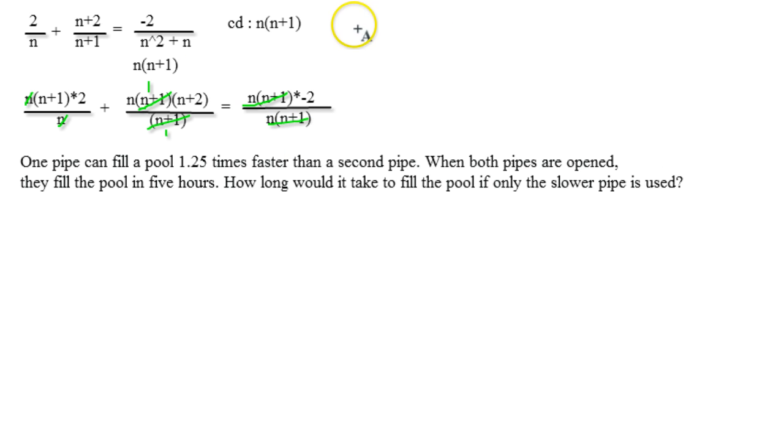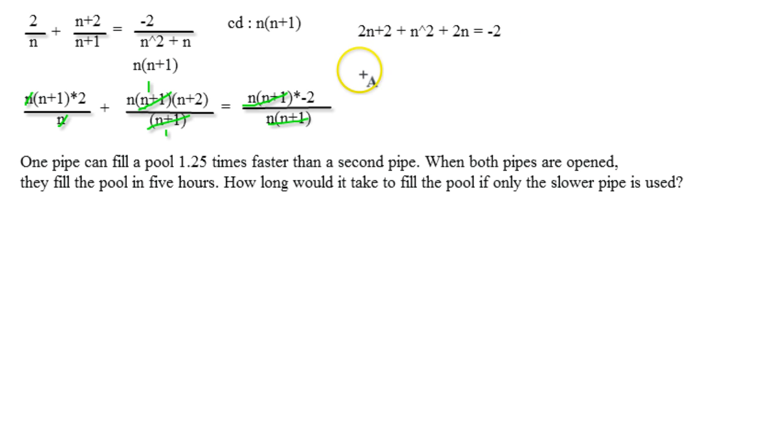Okay, so what I'm left with, and I'm going to distribute as I go, 2n plus 2 plus n squared plus 2n equals negative 2. Okay, so I have everything all set up.